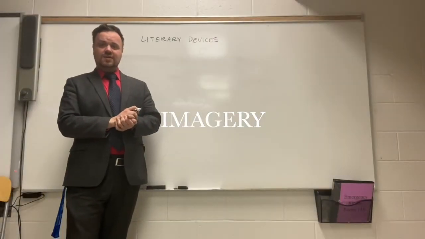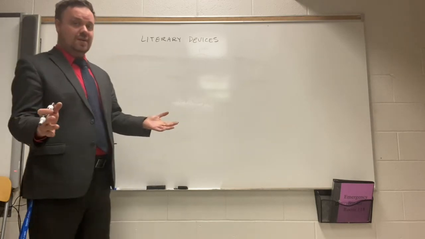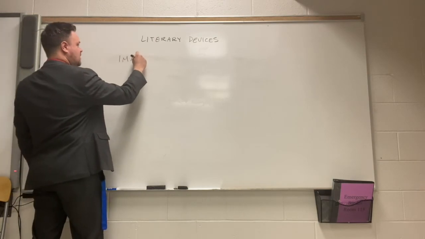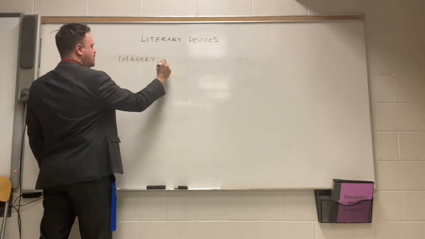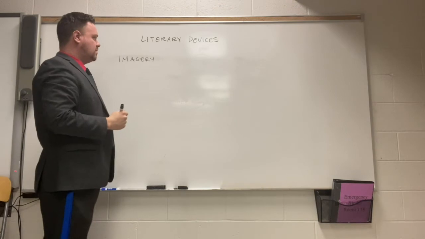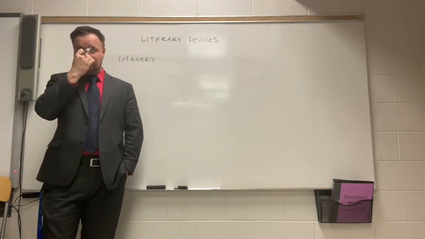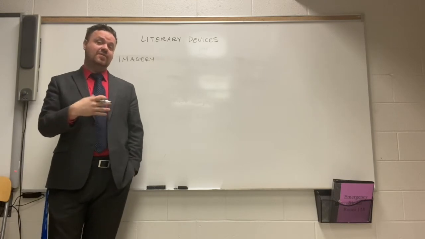All right, guys, welcome to the next part of the literary devices lesson. This one is on imagery. So the way to imagine how imagery works in literature is to pretty much read an entire phrase.